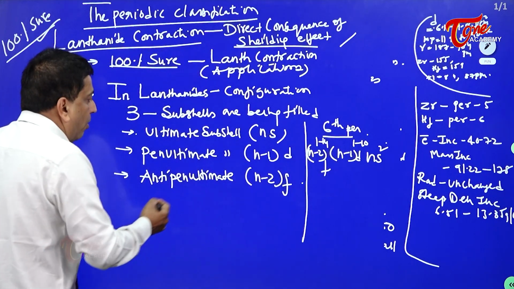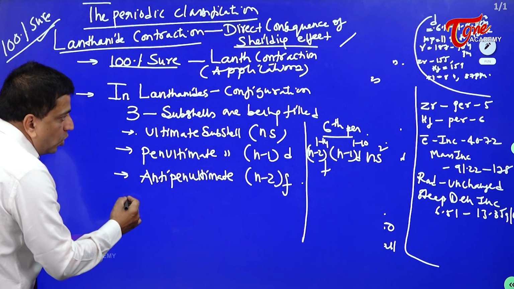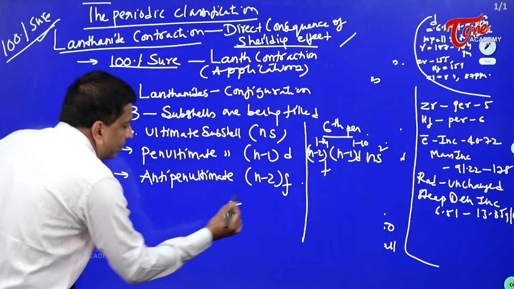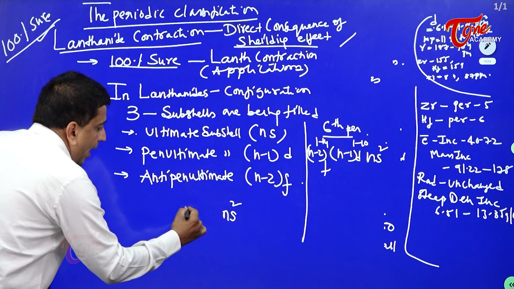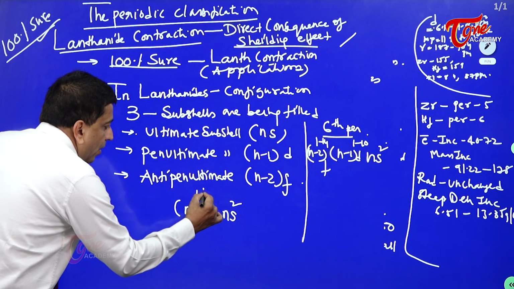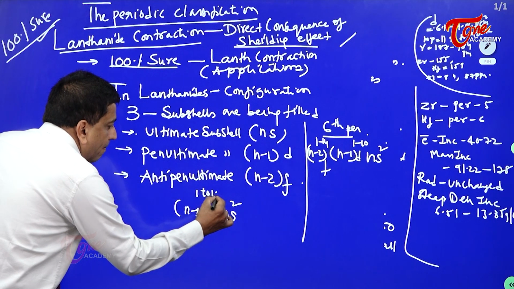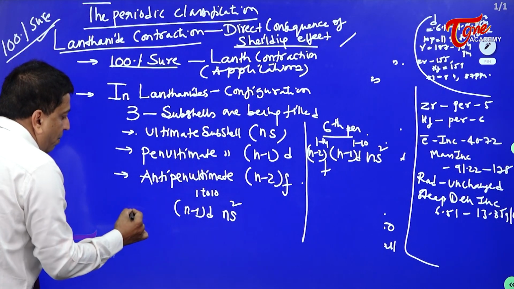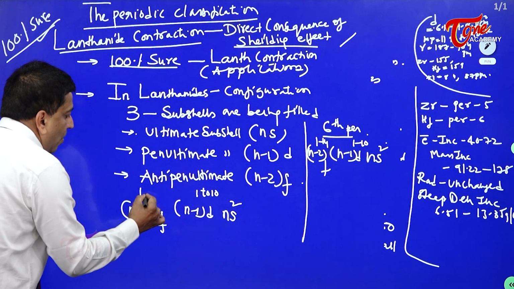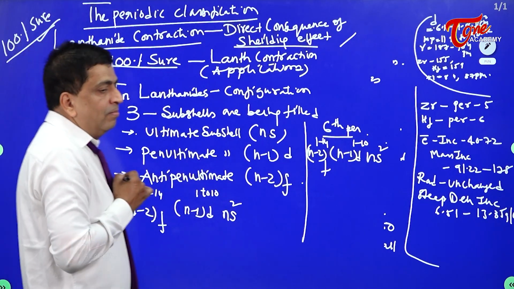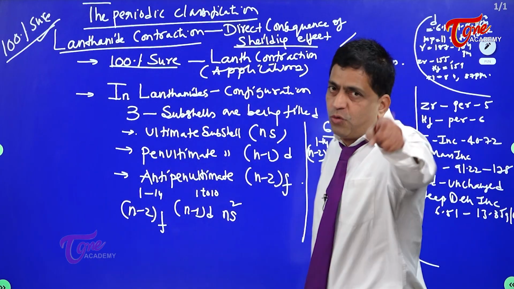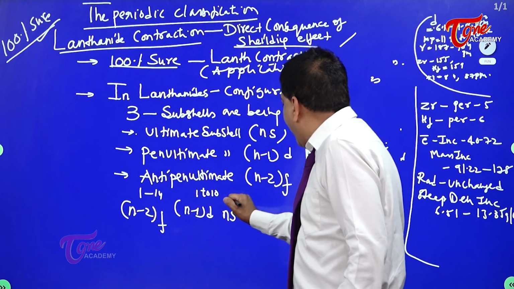I write it here properly. Watch. The configuration of lanthanides will be NS2, N minus 1D, 1 to 10, and the anti-penultimate, N minus 2F, 1 to 14. That is the general configuration of lanthanides.